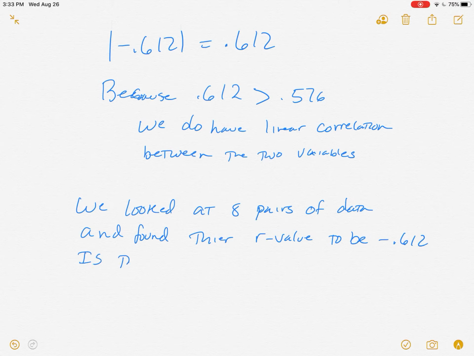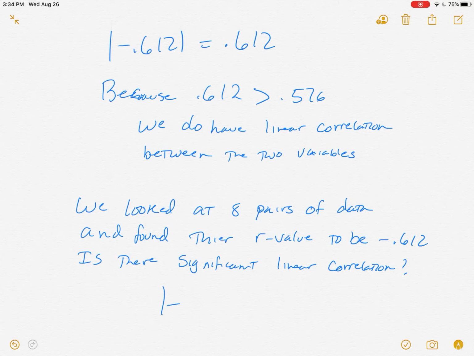Is there significant linear correlation? Now they'll put that word significant in there, so I wanted to too. Significant just means from a statistical standpoint, does it look like they're linearly correlated? Is there strong evidence of that? And there is, provided our R value is big enough.